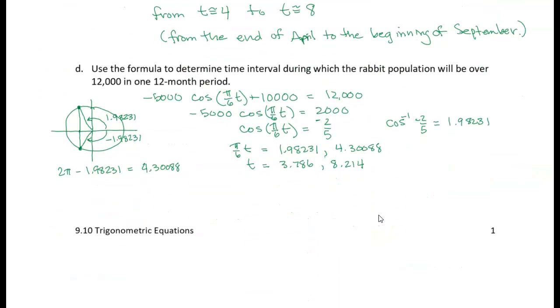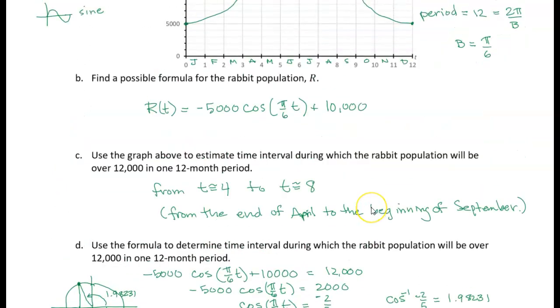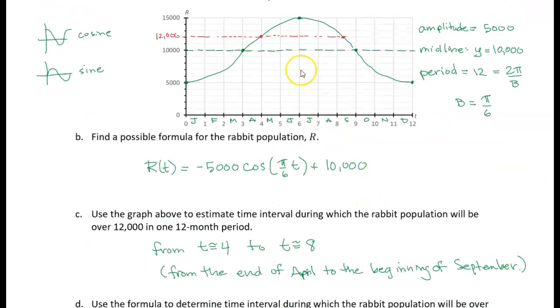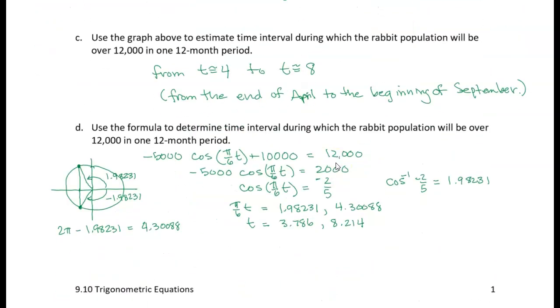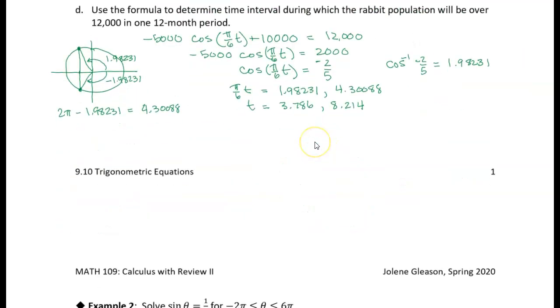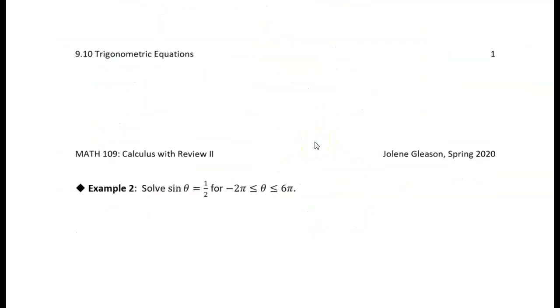All right. So the key to solving trigonometric equations is recognizing that you're going to get more than one value. You need to use inverse cosine a lot of times to solve these equations, but keep in mind that it's only going to give you one value, and you have to figure out what the rest of those values are. So let's take a look at the next example.